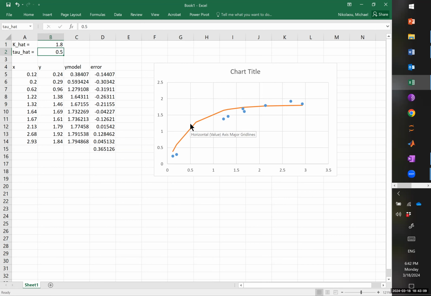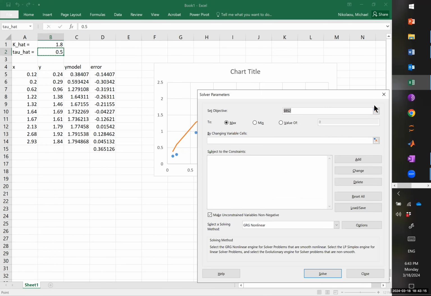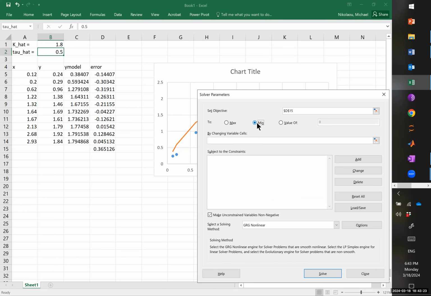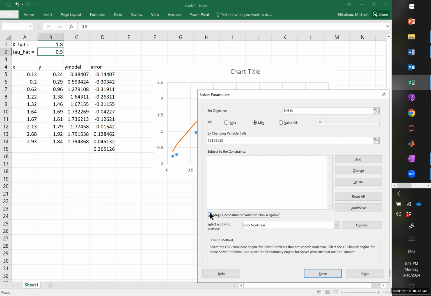Instead of doing it this way, you just take the solver. So Data, Solver, you set your objective, which is going to be the sum of the squared errors, right? You want to minimize this by changing these two cells. You don't care about positive or negative values.